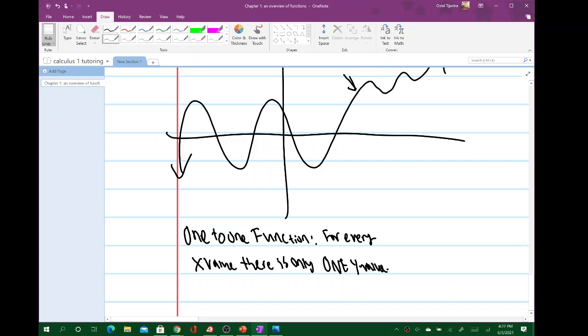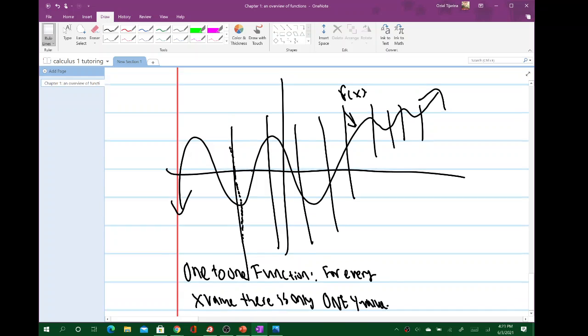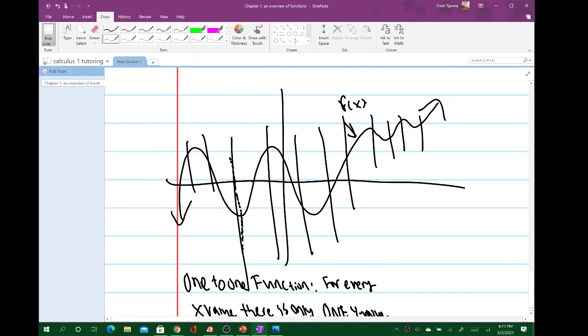What does that mean? That means that for every x value, let's say we have an x over here, there's only going to be one value in which that crosses. So this is why this goes with the vertical line test. Okay. That is what a one-to-one function is.